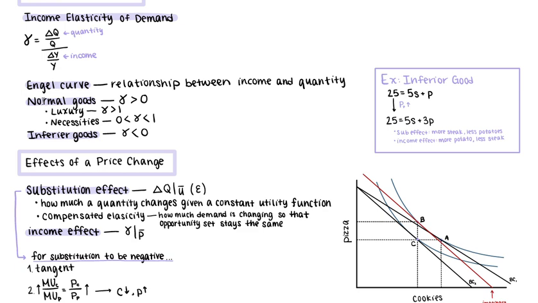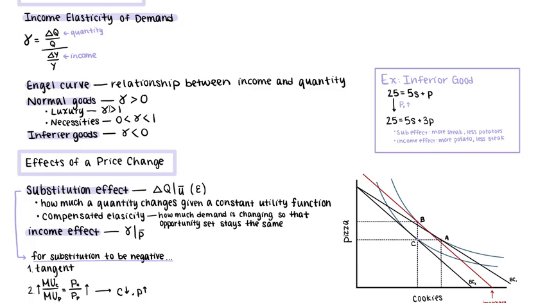If the good is a normal good, then the slope of the Engel curve is greater than zero, and we can derive two more detailed categories. If the Engel curve slope is between 0 and 1, it's a necessity. That means today your income increases, but your portion of these goods decreases.